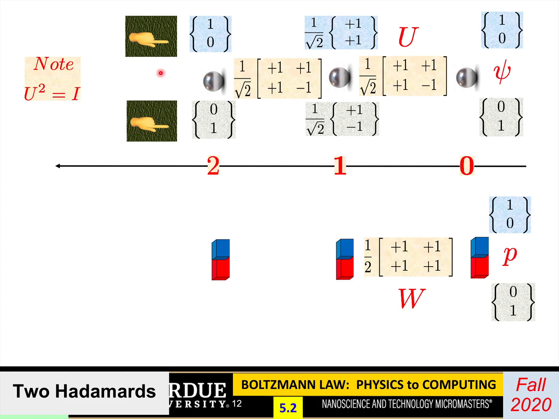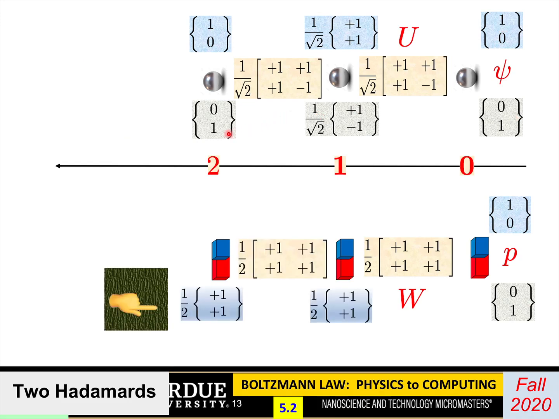So what that means is when you apply it twice, you get back what you started with, because it's basically like an identity matrix multiplying that. So if you're all up, you end up being all up. If you're all down, you end up being all down. By contrast, of course, in the classical case, if you apply that same gate again, you will again get 50-50.